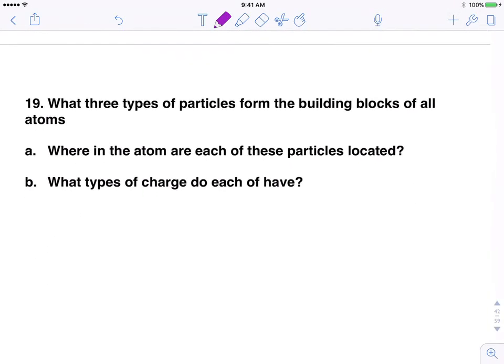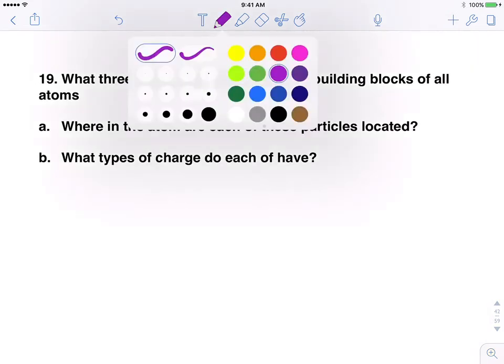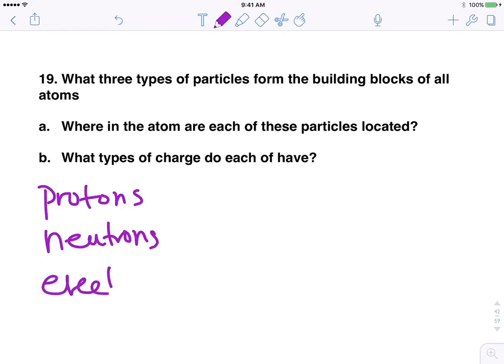What 3 types of particles form the building blocks of all atoms? We have 3 types. Let me change my pen size. We have protons. We have neutrons. And we have electrons. Where are they in the atom?